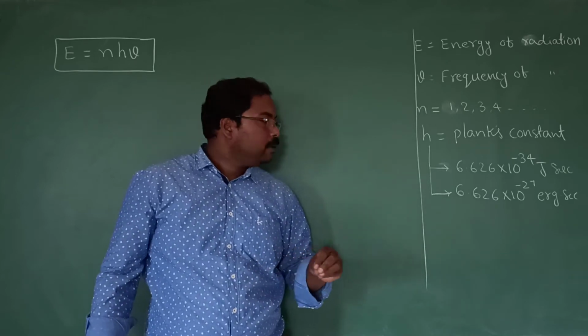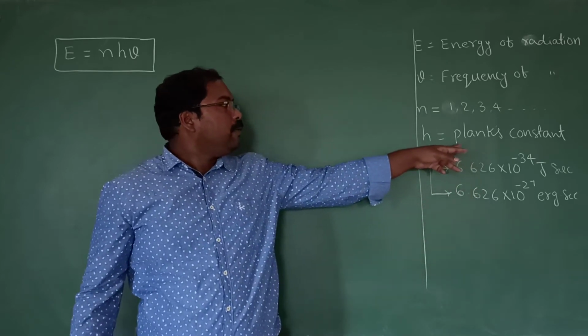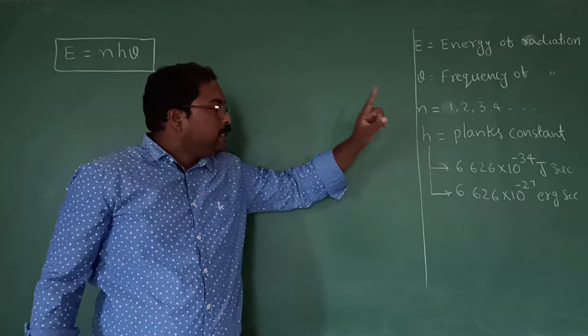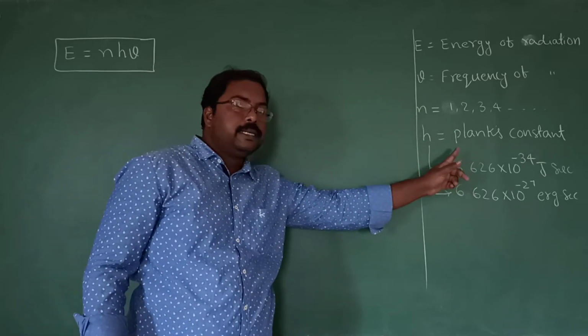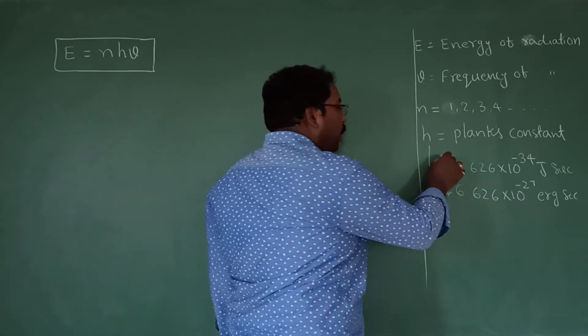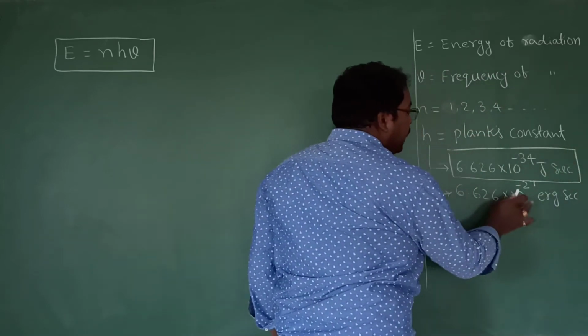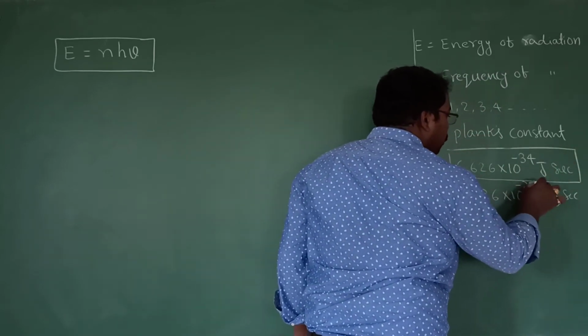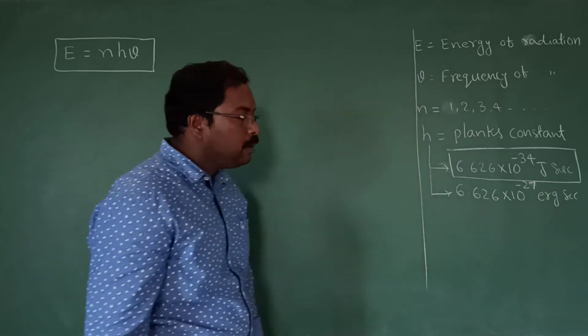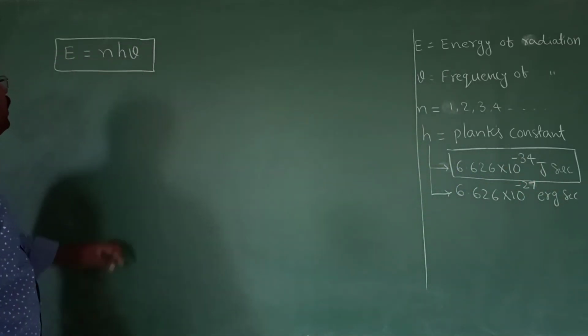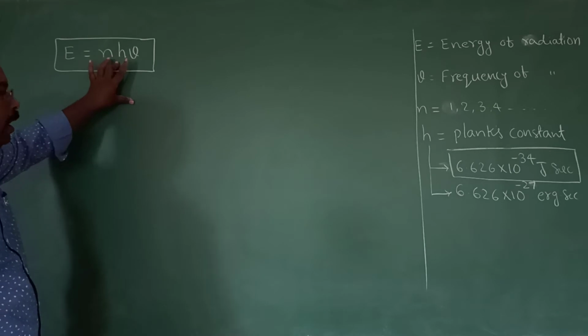Okay? So remember this one first. H is nothing but a Planck's constant. Its value is 6.626 into 10 to the power minus 34 joule second. Okay? So these are the main terms involved in the formula.